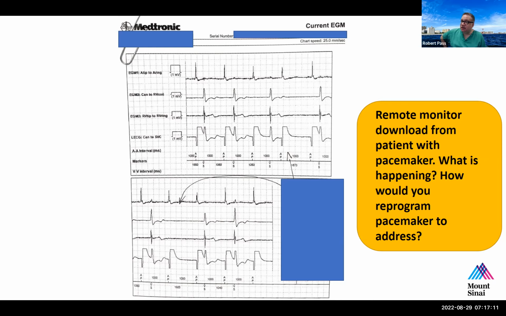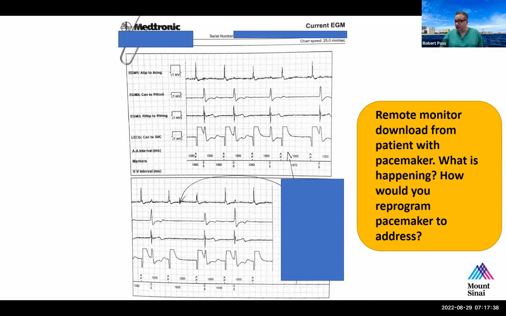Let me just explain that in most of these remote monitors, the first thing in the report is usually, sometimes called the presenting electrogram. In Medtronic's case, I guess it's called the current electrogram. So essentially what they're doing is giving us a little sample of the patient's rhythm as demonstrated by the electrograms of the device.